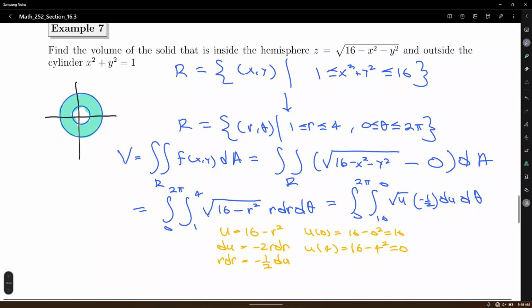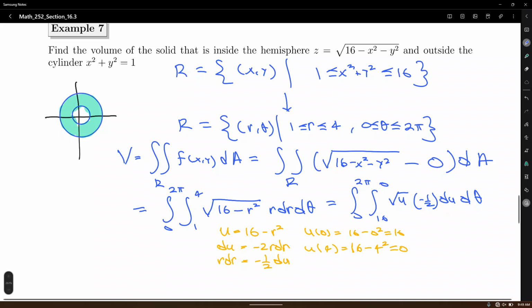The lower bound is larger than the upper bound, right? That's fine, because u of 0 is 16 minus 0, isn't that 16?